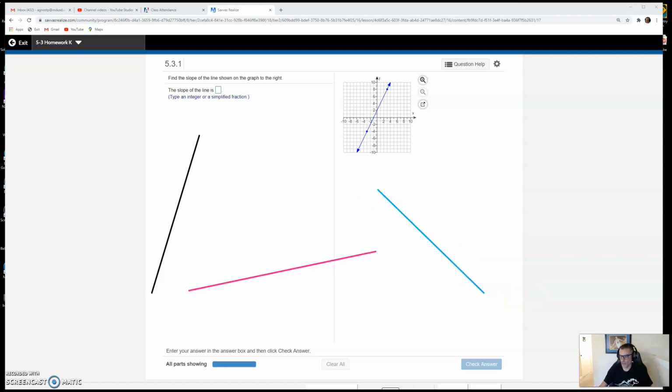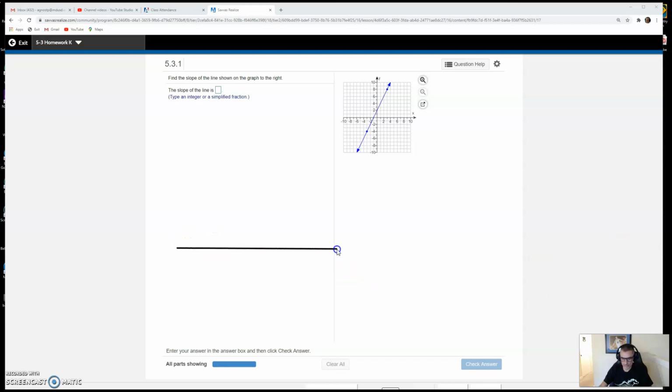So as I move left to right, this blue line is going down. I might have a line that is perfectly horizontal. And I also might have a line that is perfectly vertical, right? So the slope assigns a number to how steep a line is and whether that line is going up, down, vertical, or horizontal.